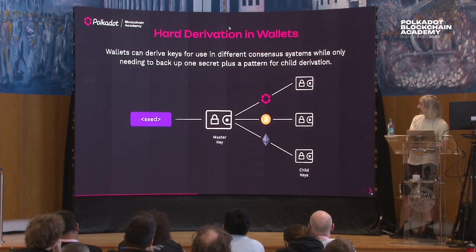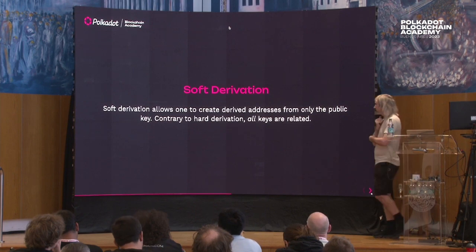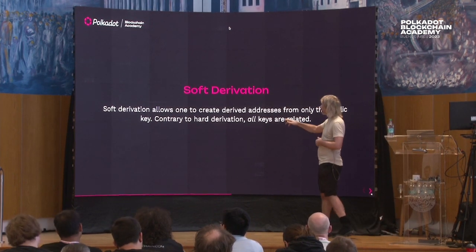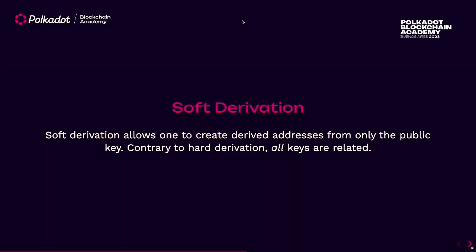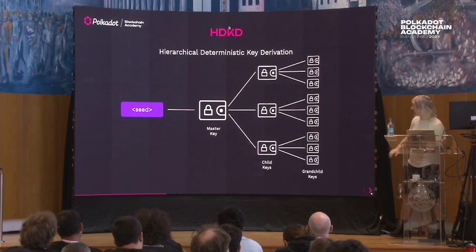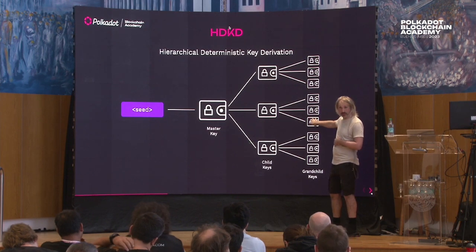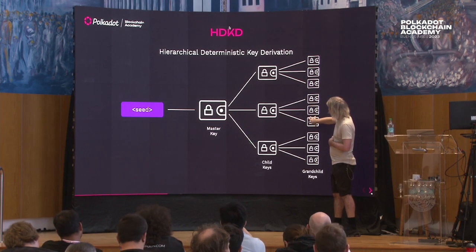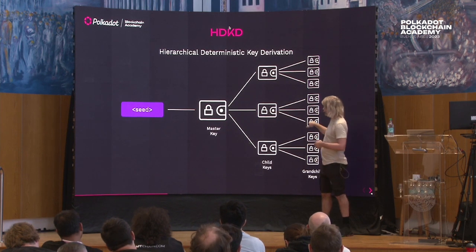Soft derivation, on the other hand, I just want to go into this quickly before we dive down a little bit more. Soft derivation means that if your derived key is leaked and you happen to know the public key, so suppose again this derived key was leaked, and you happen to know the public key of this and the public key of this, and there's no reason that you wouldn't know the public key of these two, right?